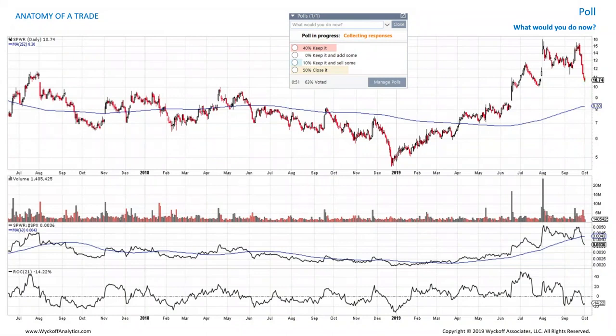Let me see a comment. The small reaction in late June of 2019 has less volume than the upthrust in mid-April of 2018.